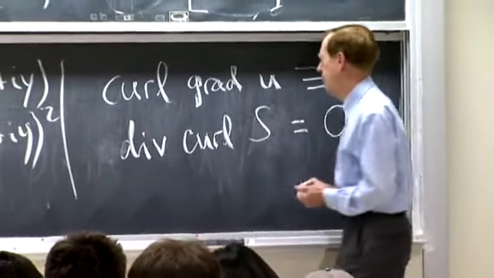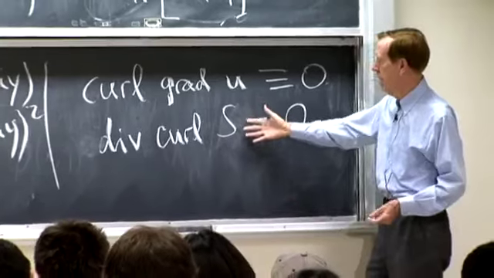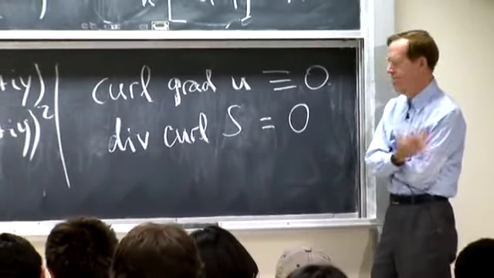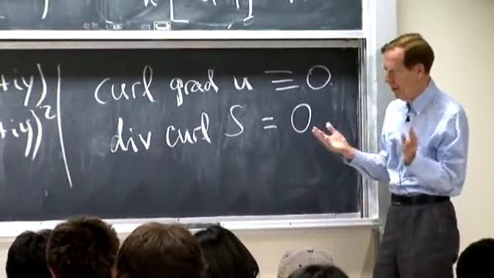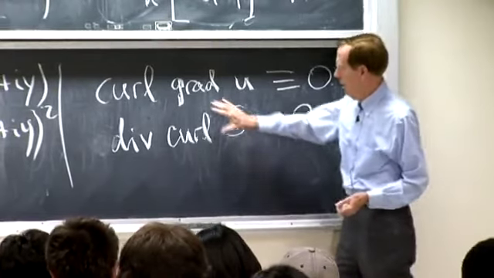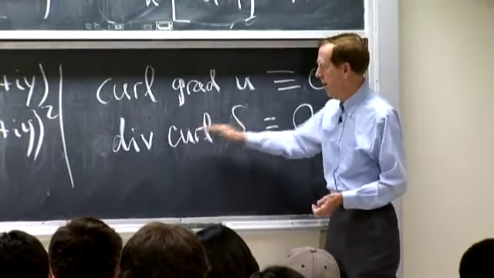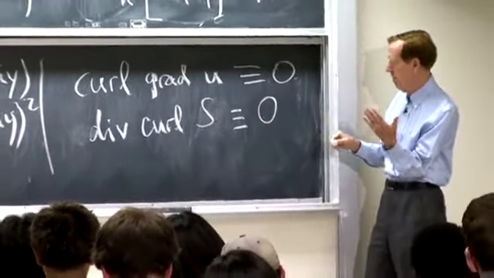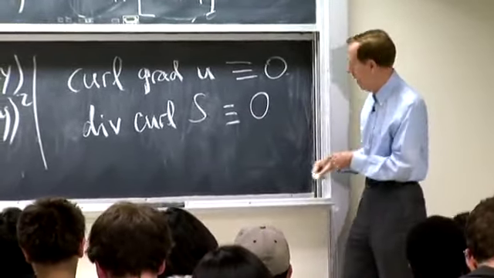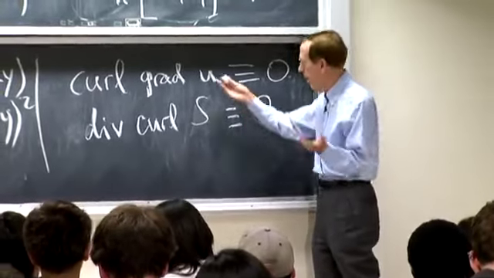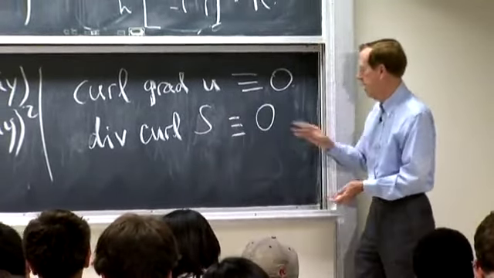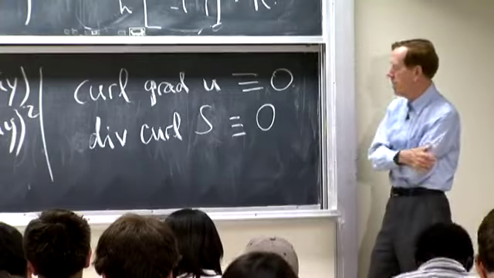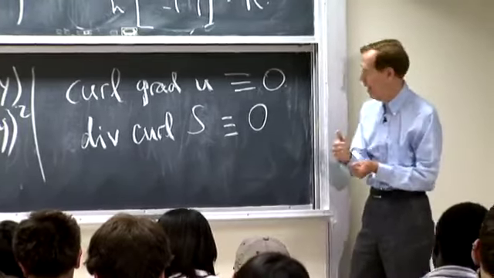So if I take any field, this is real proper vector calculus. I call these identities, and sometimes people indicate an identity, meaning it's always true for every u or for every s, with the triple equal sign just to say they're really equal.